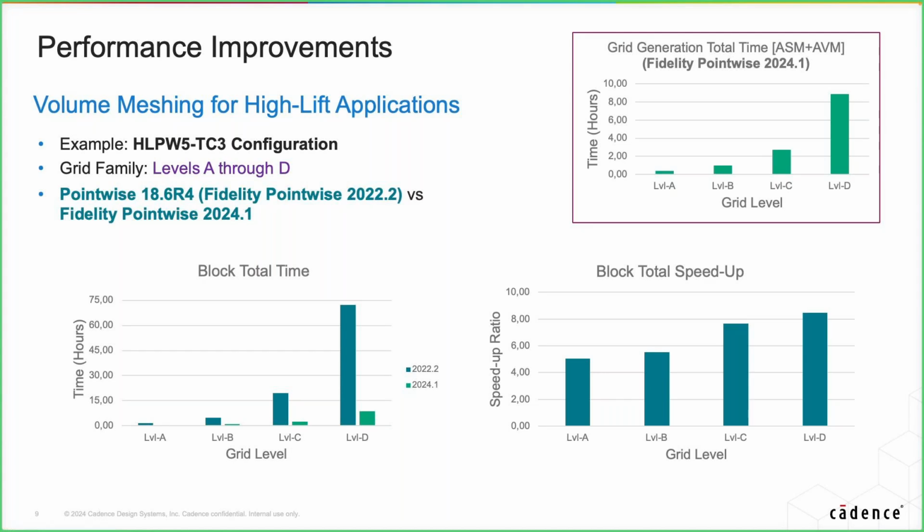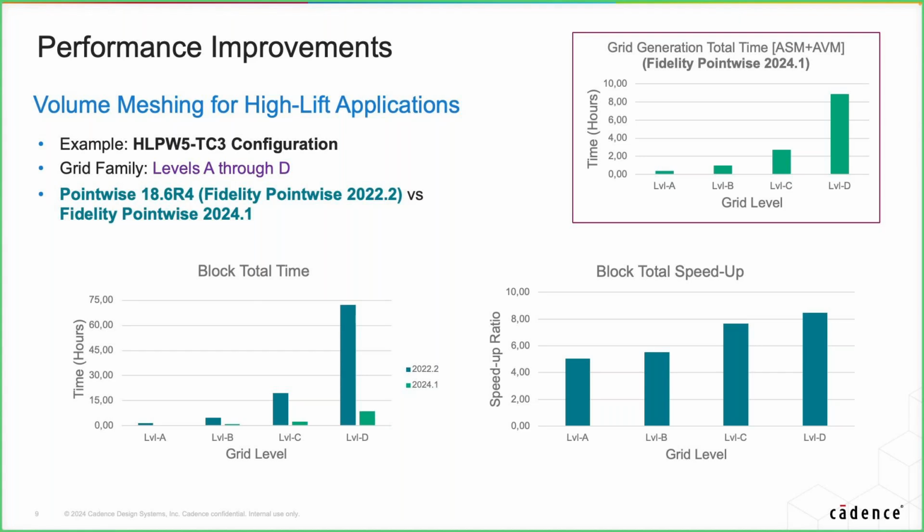We also did that because we have a number of users that are still working at the 2022 version level. Down here at the bottom left, you can see the block total time. These are the hours it took to initialize the entire block, both the T-Rex or anisotropic portion and the isotropic portion in the remainder of the volume.